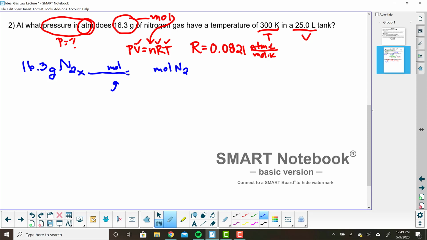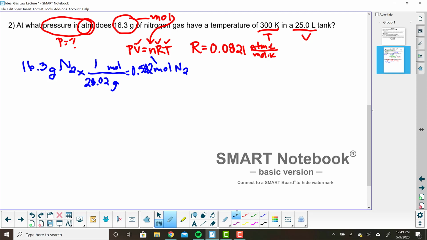Anytime you see moles and grams, you know you have to have molar mass. So molar mass of one nitrogen atom is 14.01, but we have 2 nitrogen atoms, so the molar mass is 28.02 grams. Then when we solve this, we get 0.582 moles of N2. So now we have our N value.